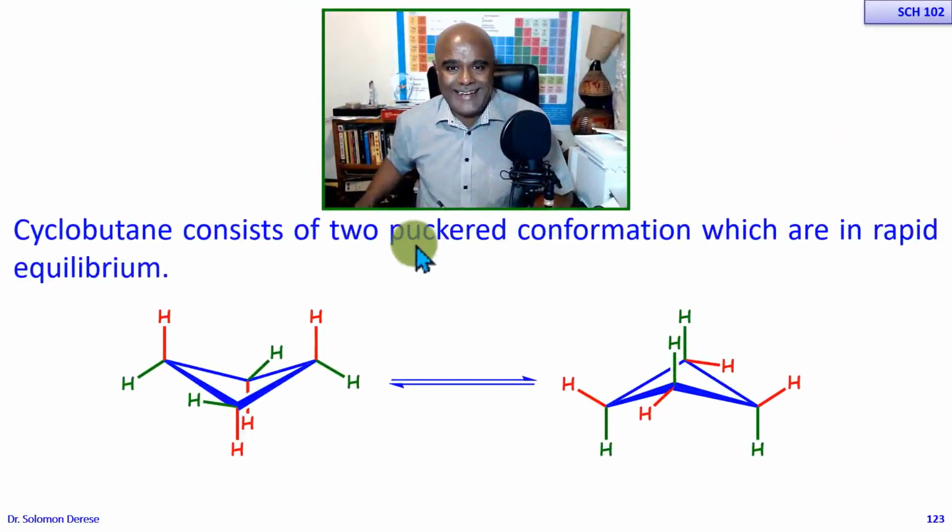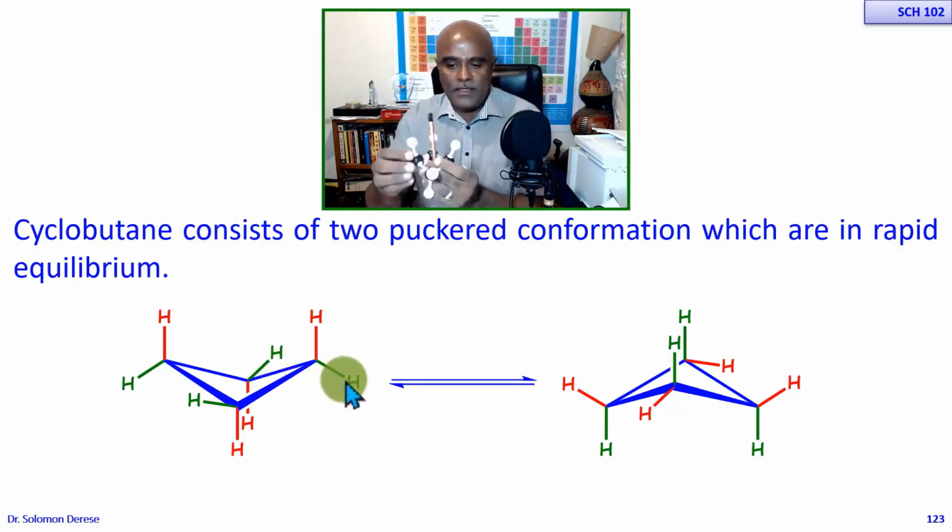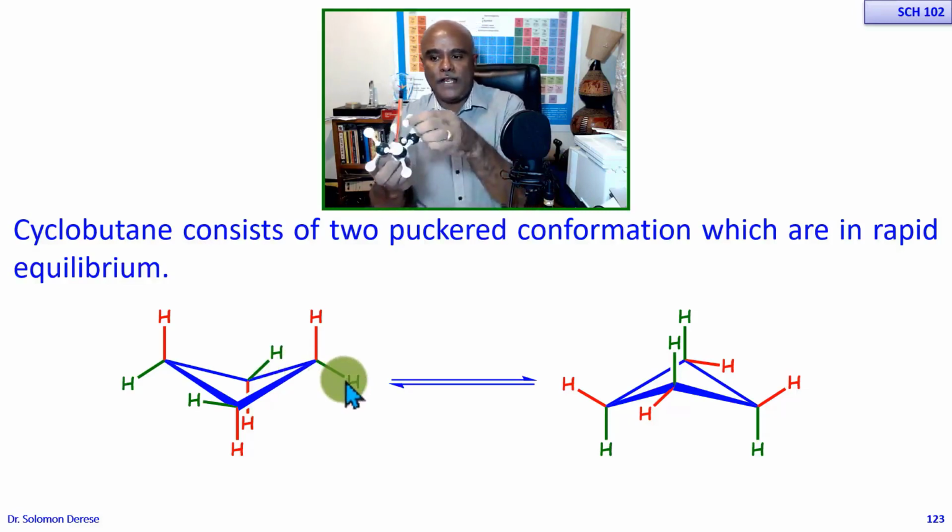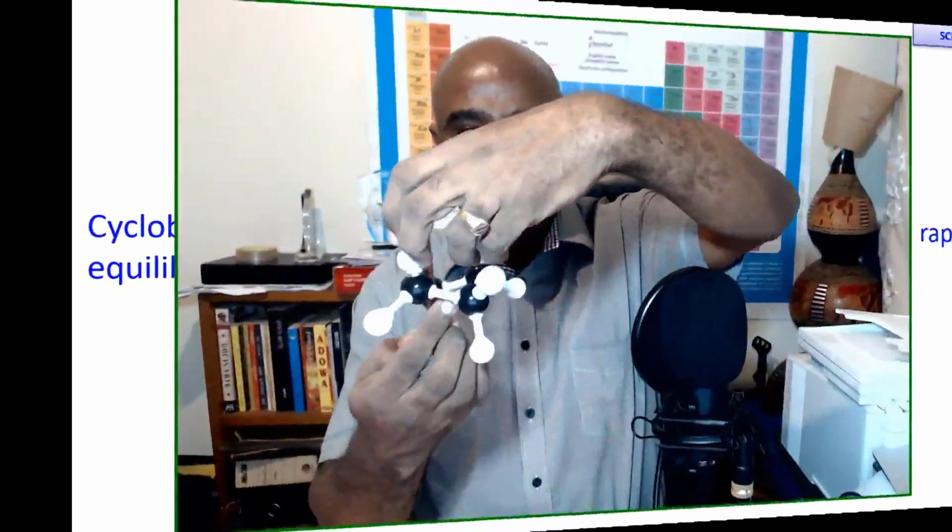In the puckered conformation of cyclobutane, there are two types of hydrogens. The 4 hydrogens shown in red, and the other 4 hydrogens shown in green. In this puckered conformation, you will see two different types of hydrogens.